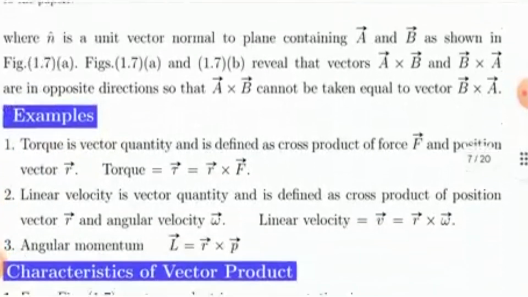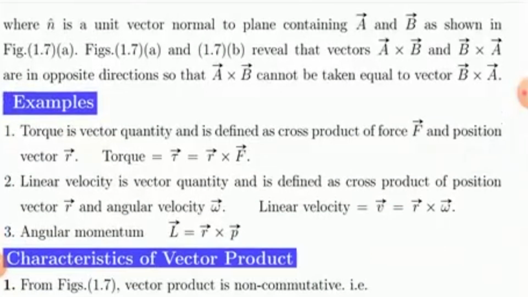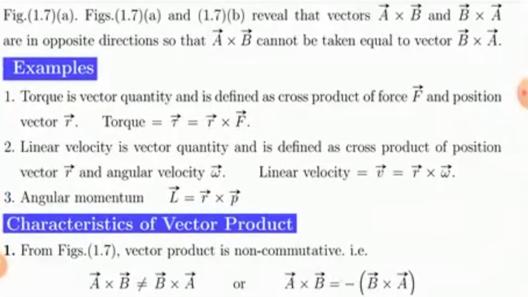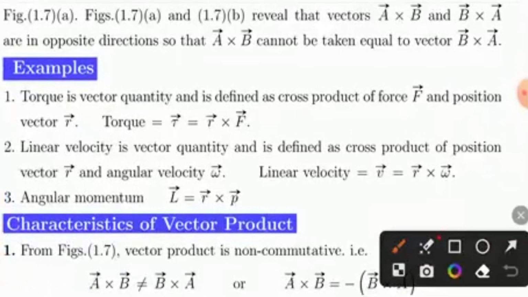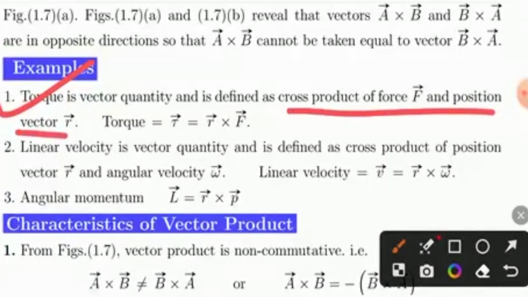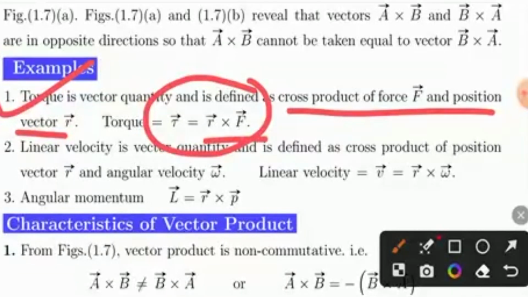Here are some examples of the vector product. The first example is the torque. Torque is a vector quantity and is defined as the cross product of the position vector R and the force F. You can see that torque is equal to R cross F. On the right hand side, both are vector quantities with the cross sign, and on the left hand side, the torque will generate.